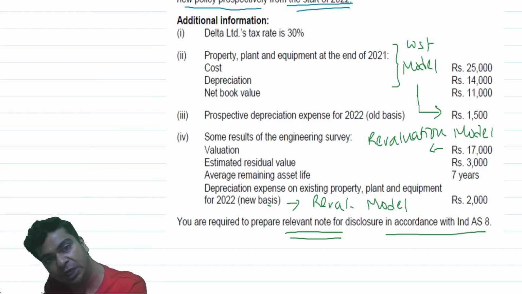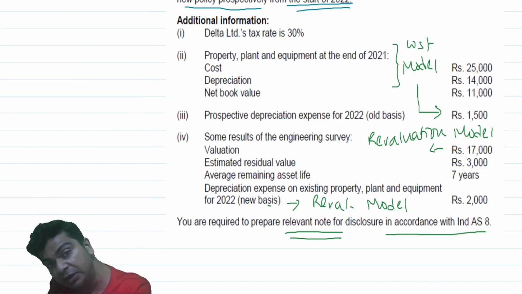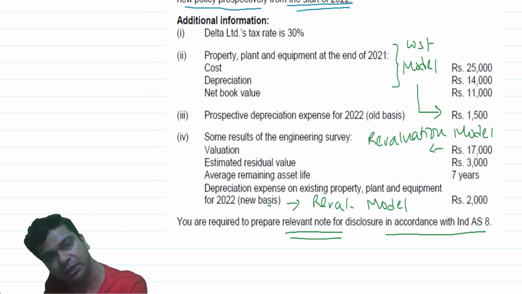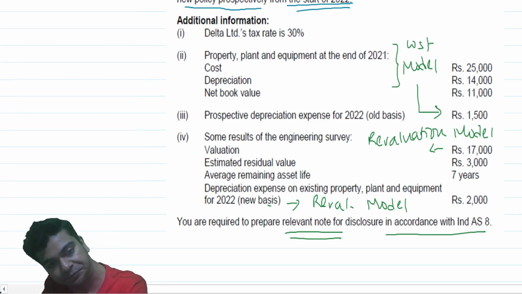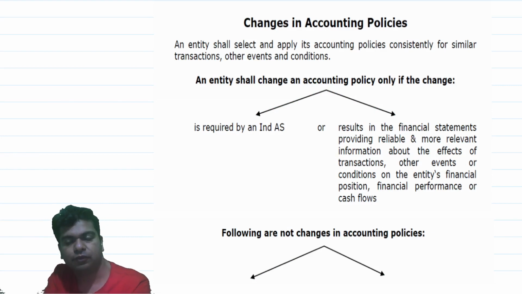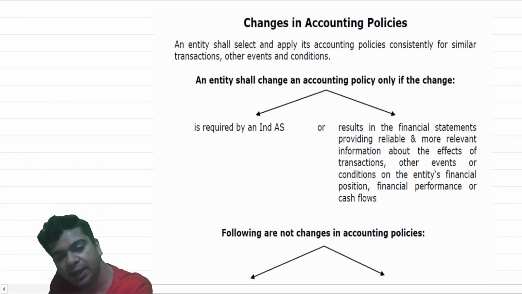Whenever you are changing an accounting policy voluntarily, you can do it so, provided it will give the readers of the financial statements more reliable and relevant information. If you see our note on change in accounting policy, it is required by an Ind AS.